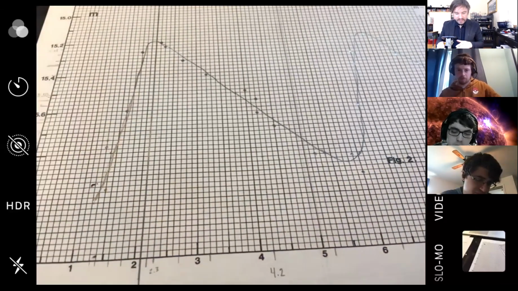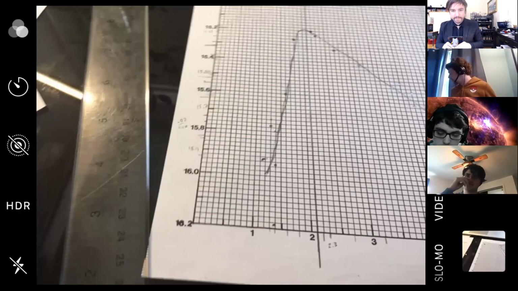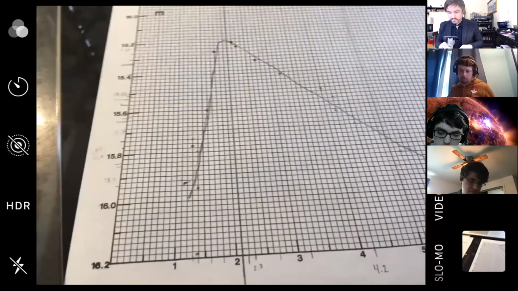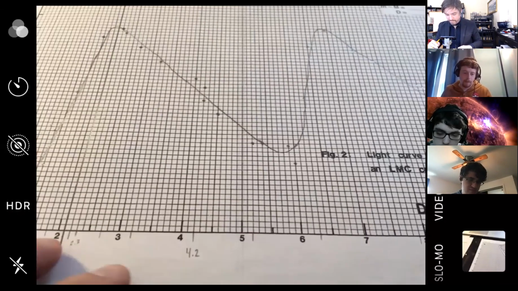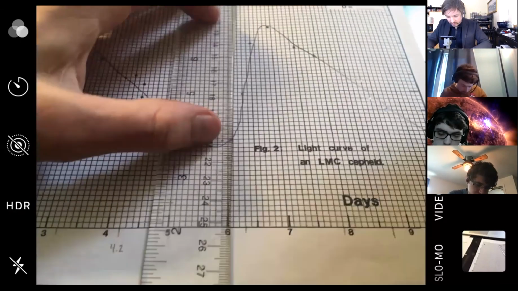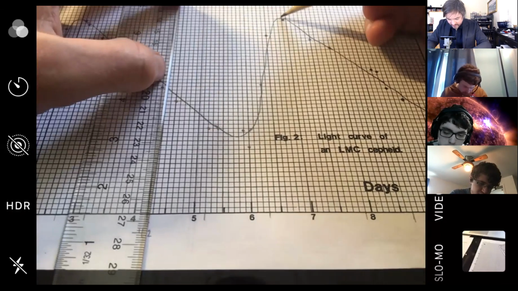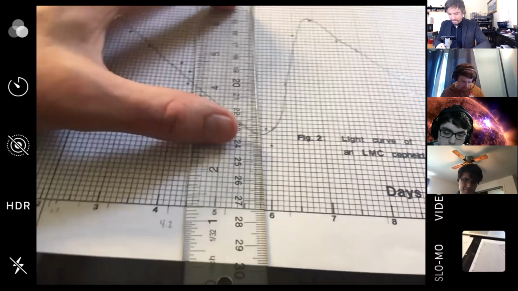That's my first peak at 2.1. Let's get our second peak. Don't use the exact data point. Use the top of the peak, which I think is close to 6.9.